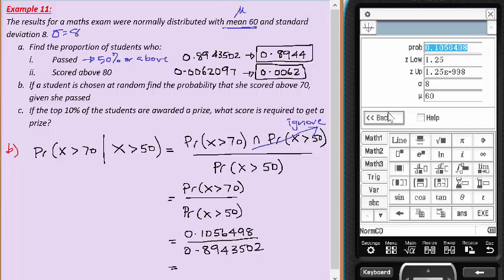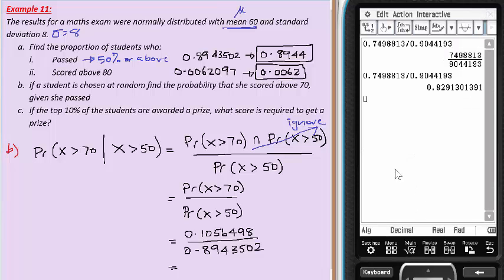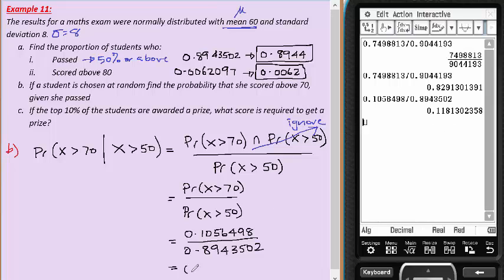And let us put that into our main part of the calculator. 0.1056498 divided by 0.894350. Remembering our answer must be between 0 and 1 if we haven't made a mistake, and we get 0.1181. So I'll write that down now, 0.1181, and there's my probability for part B.